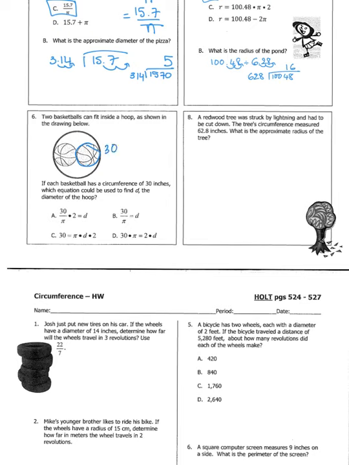So we should find the diameter of this basketball right here, and then we should double it because we have 2 balls fit in there. Then we can find the diameter of the whole thing, right?